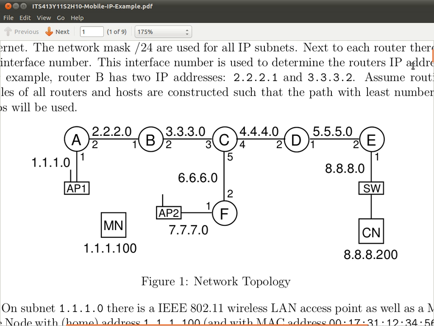Destination address, 111-100. Remember, the correspondent node doesn't know that the mobile node is mobile. It's just another computer in the internet. It only knows its home IP address. So now, sending back, destination is 111-100.